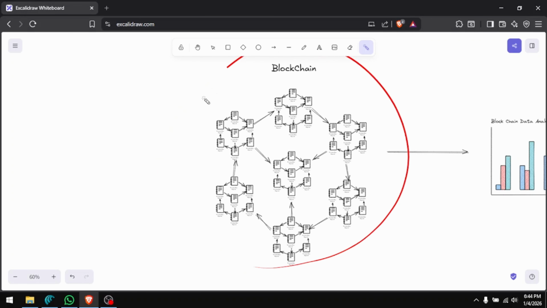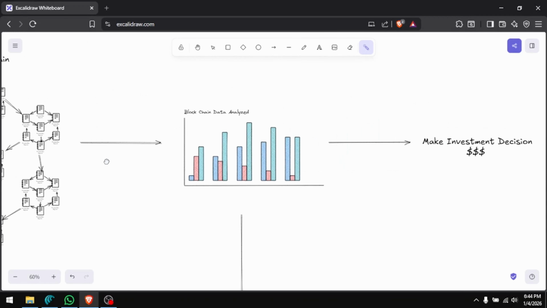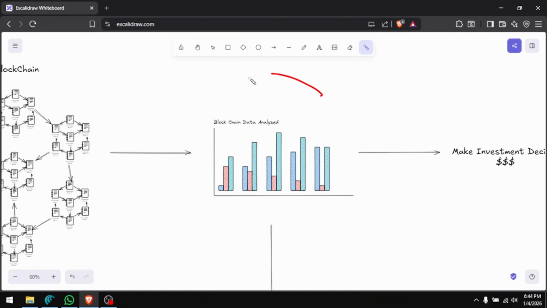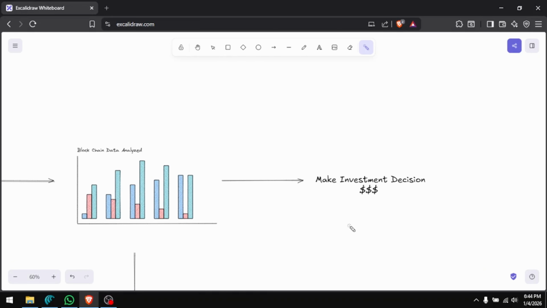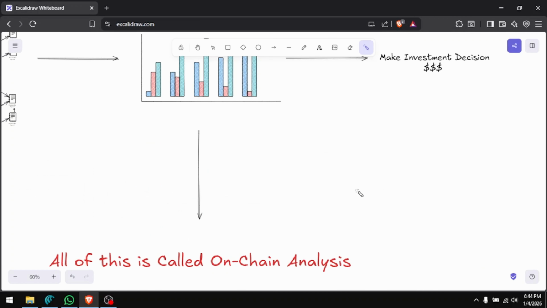In the financial market, we take that data and analyze it. Let's say we put this data in a chart and see which coin has the most capital in it. We saw Bitcoin has the most capital in it, so we can use that to make an investment decision. Well, this is not financial advice.